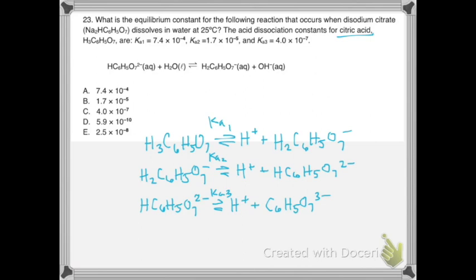So what they're asking us about here is this Na2HC6H5O7. So let's write its dissociation. We take that species and put it in water. It will dissolve to form 2 sodium ions and HC6H5O7 2 minus.